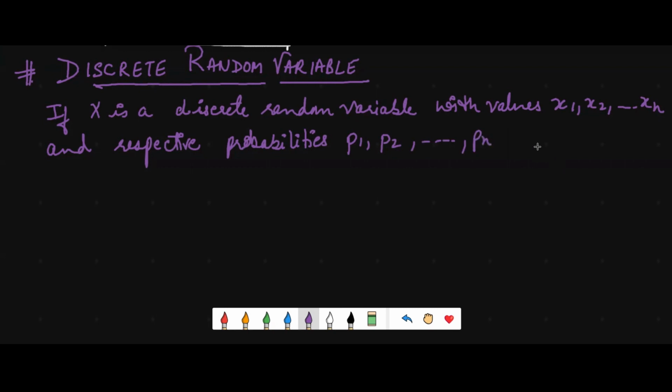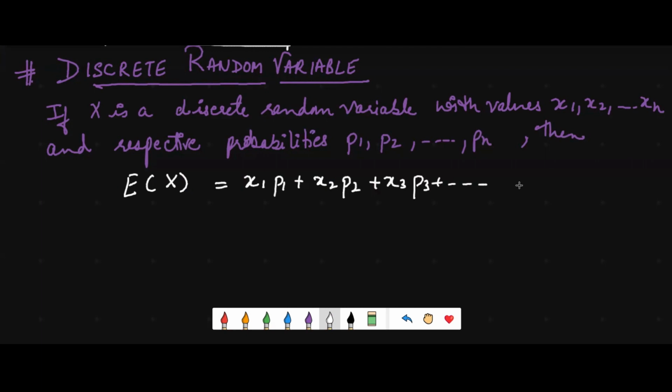So then the expectation of x would be x1 p1 plus x2 p2 plus x3 p3 and so on up till xn pn.